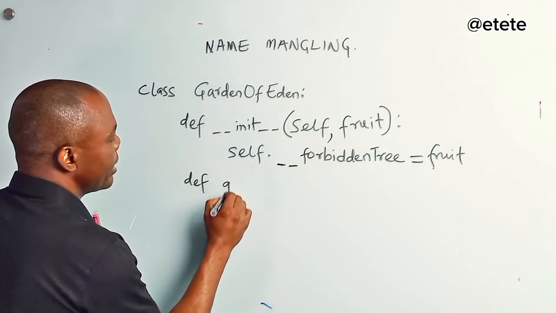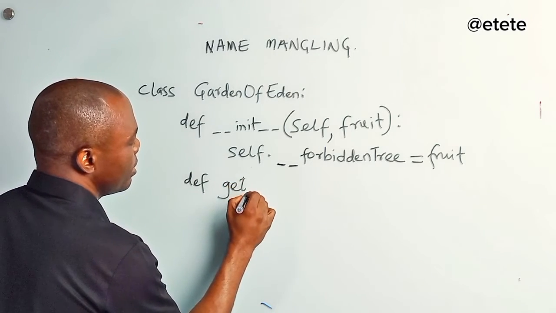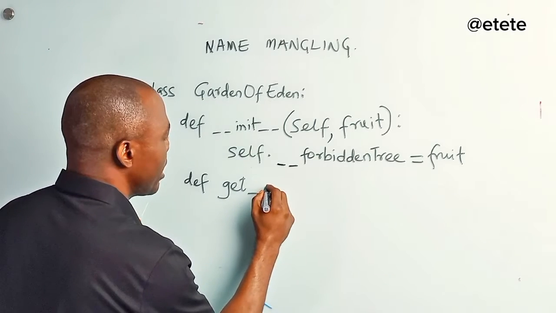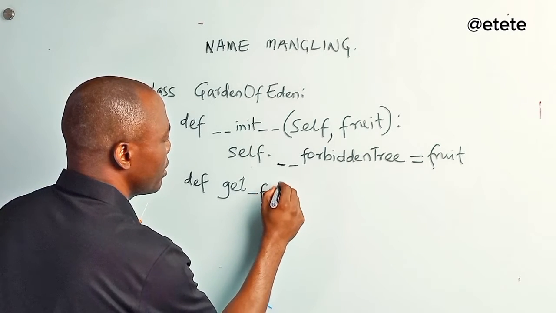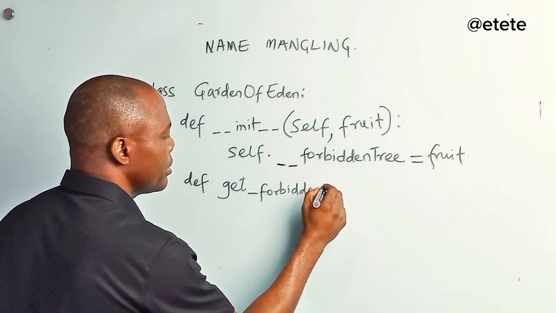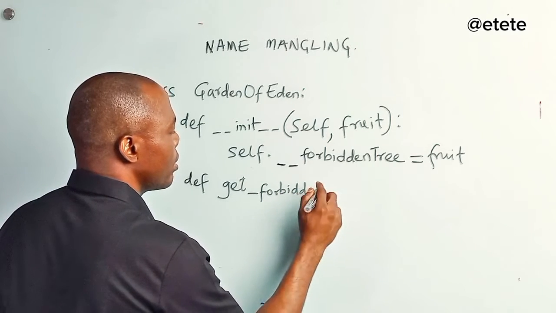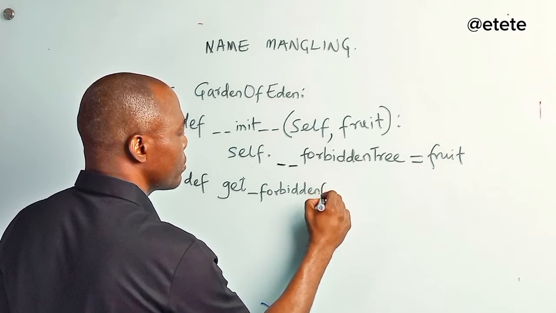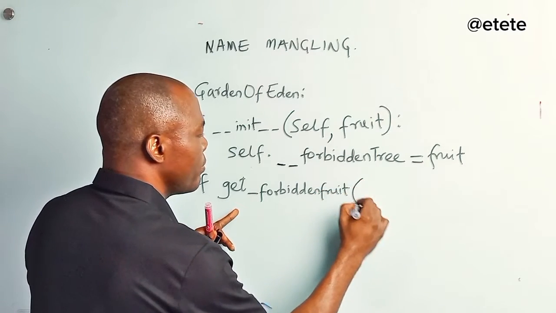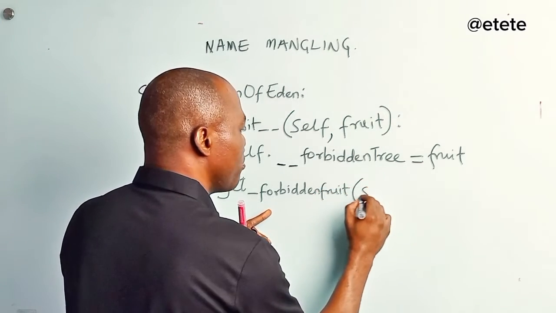And then I'll say get underscore forbidden. I'll just name it forbidden tree. Or let's call it forbidden fruit. Get underscore forbidden fruit. Then here I will put self.